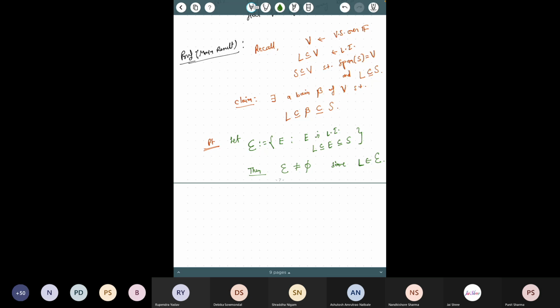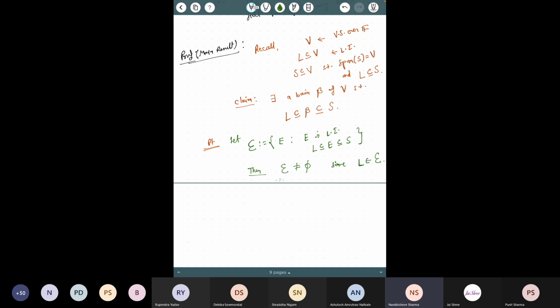Okay. Now we have a non-empty set here. If I consider this inclusion relation, L can possibly be phi. That is fine. But here we are proving a result. What is the hypothesis? It says that V is a vector space and L is a linearly independent set.